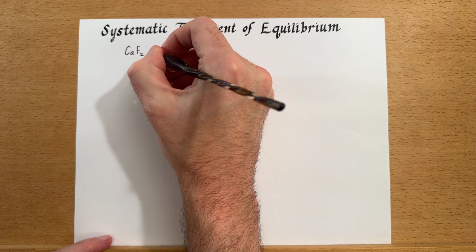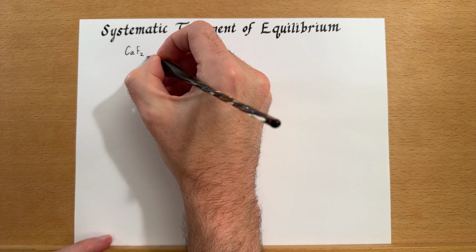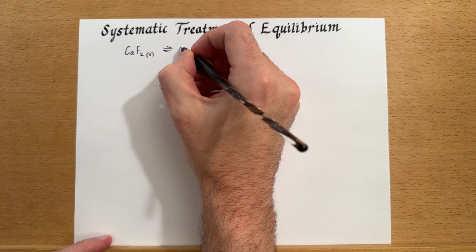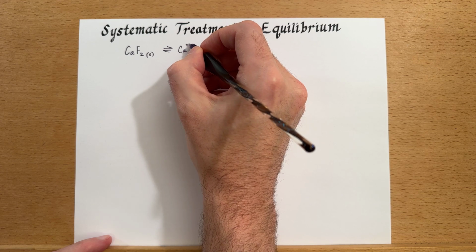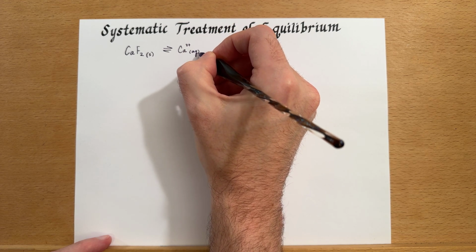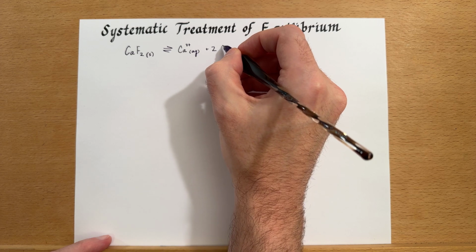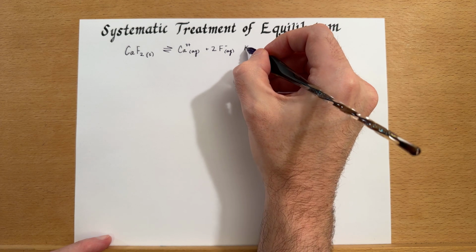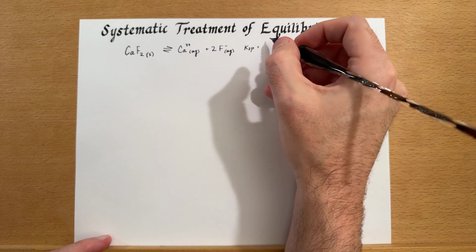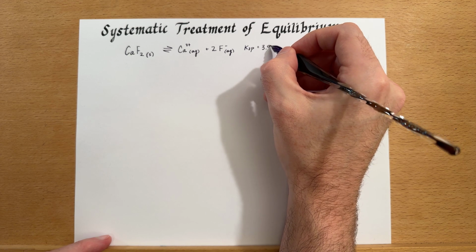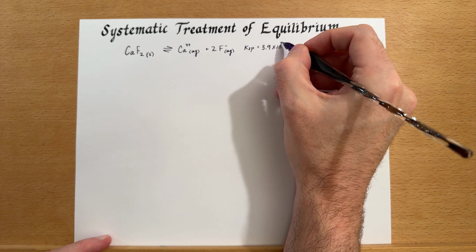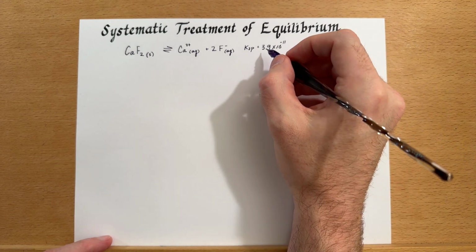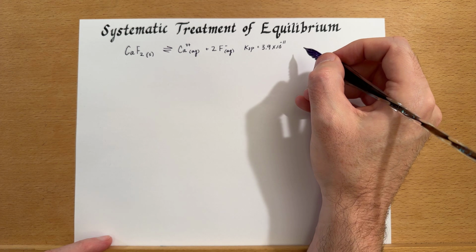It has a relatively small KSP. The KSP is 3.9 times 10 to the minus 11.